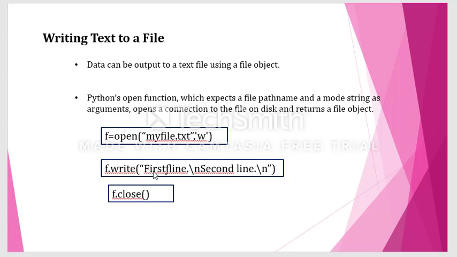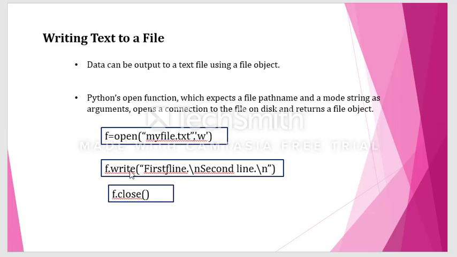I am writing a normal string, so directly I am giving it as first line \n. \n is nothing but a new line, and then again I write second line, then again \n. These are the two things I want to write in myfile.txt.